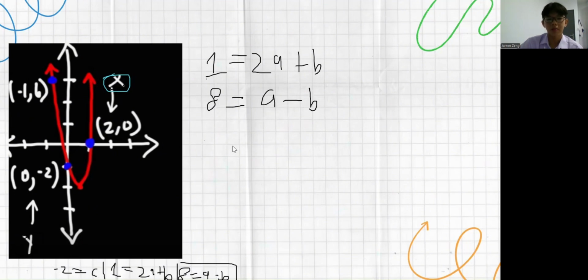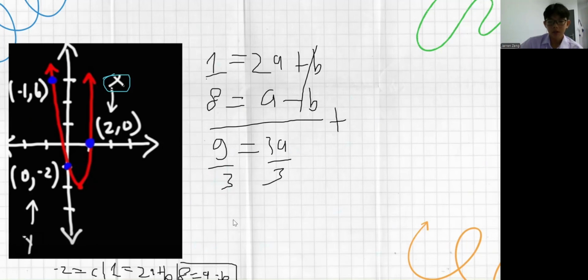If you notice, if I add both of them, we have minus here and plus here, so the b is going to be gone. 9 equals 3a, divide by 3 on both sides, which then we get 3 equals a. So we got the a now, which is 3.